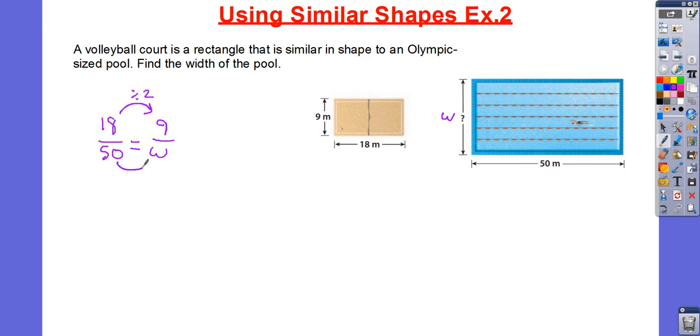So 50 divided by 2 is going to give me my value of W. So in this case, 50 divided by 2, W is equal to 25 meters. So, as you can see, I have a corresponding side here equaling another corresponding side.